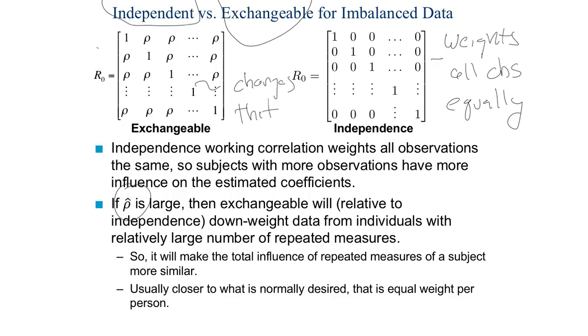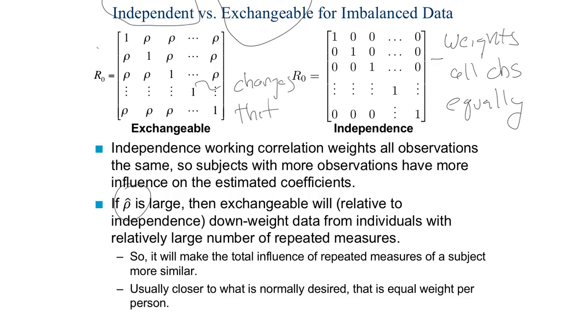So generally, to me, that sounds like a better way to do it. I don't want drastically different weights for people in my underlying regression just because they tend to have lots more observations. That's probably not always true, but generally the data imbalance is a nuisance. It's not something that I want to base my inference on.